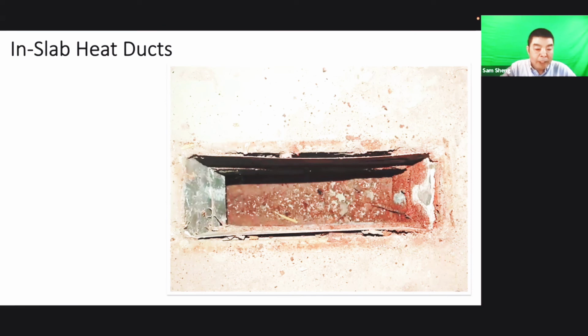Any moisture, rust, mold, and so on should be documented in your report, just make notes. I don't know if there's any idea to repair that, because it's hard, you even need to break the concrete. And now maybe you cannot see in-slab heat systems like this. Most of the time we cannot see them.